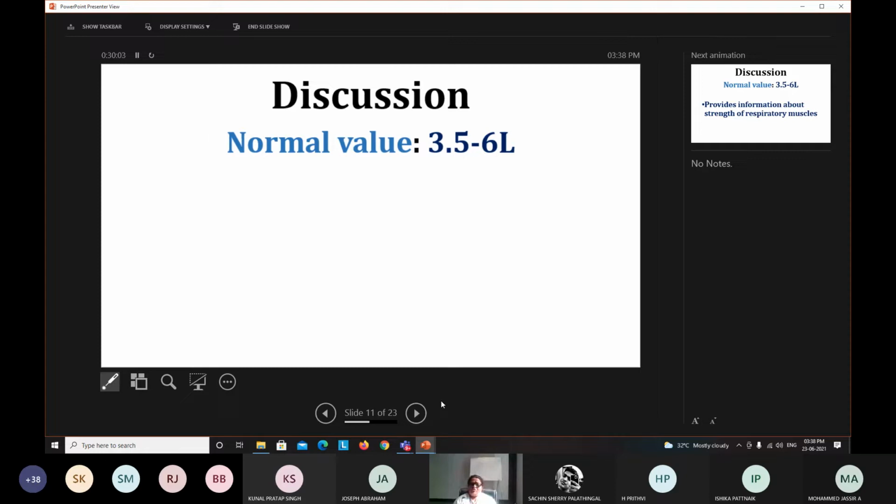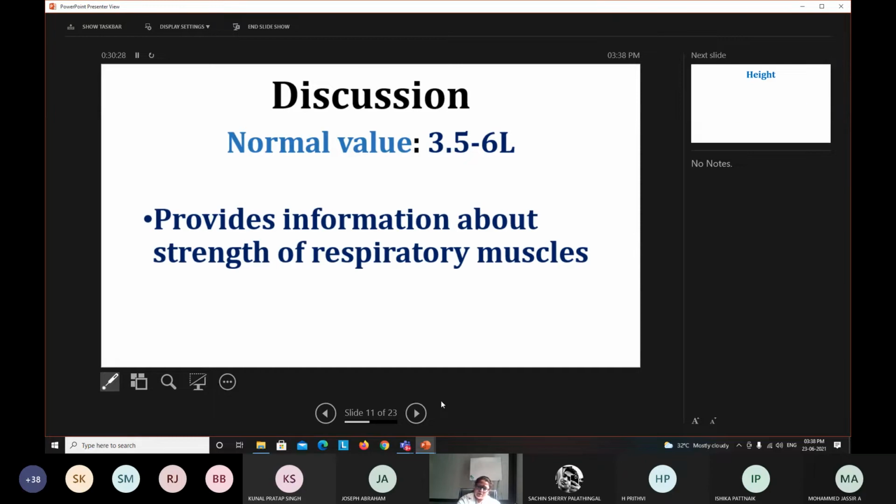Now what happens in these three postures, in standing, in sitting, in lying down position? That I'll come to in the next slide, where we are going to discuss the factors which are influencing the vital capacity.